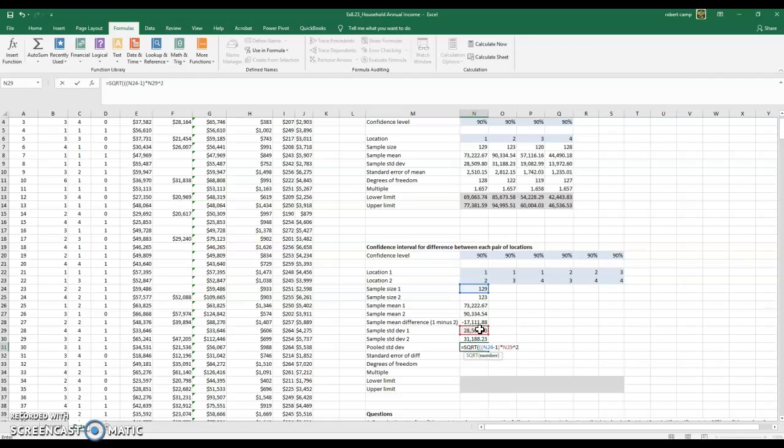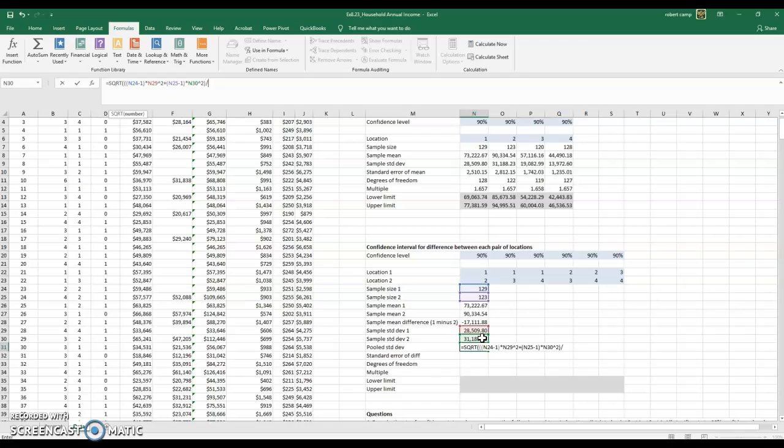So I have my degrees of freedom times the square of my standard deviation. And then I'm going to add to that everything from sample 2. So sample size 2 minus 1. I will put parentheses around that and multiply that by my standard deviation of 2, which we will then square. Okay, so that's the upper part, the numerator of my equation.